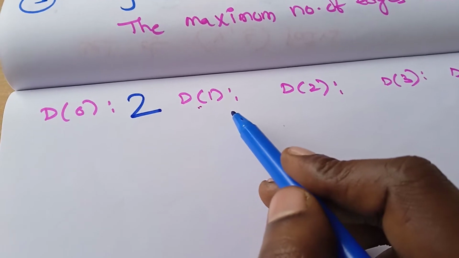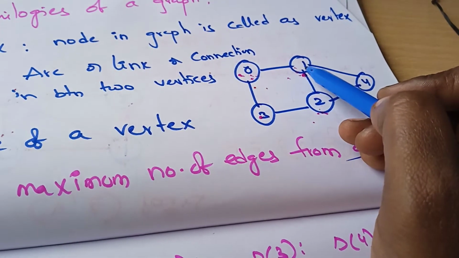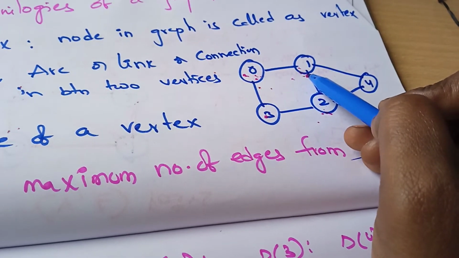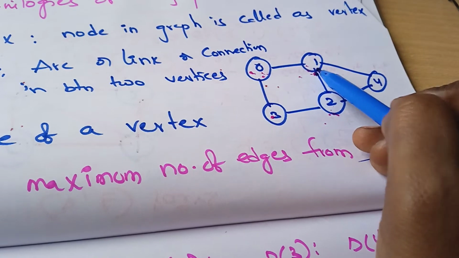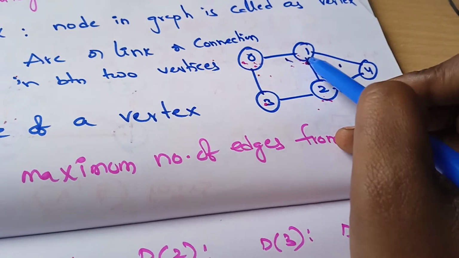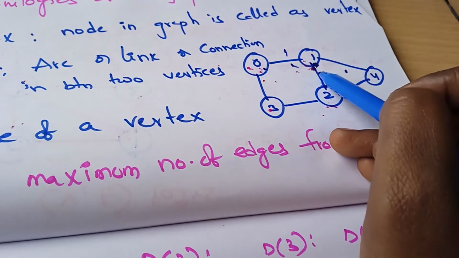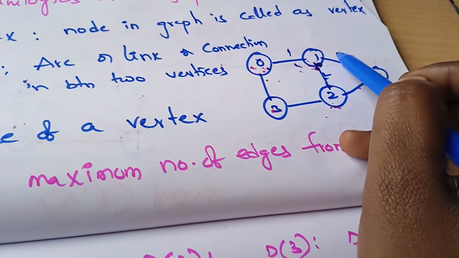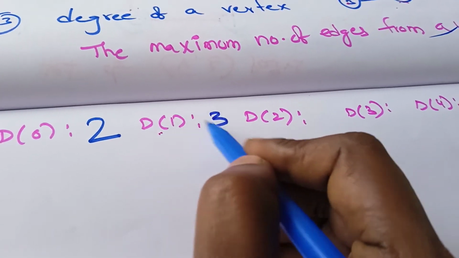Now the degree of 1. Vertex 1 has a maximum of 3 edges: 1 to 0, 1 to 2, 1 to 4. So the degree of 1 is 3.